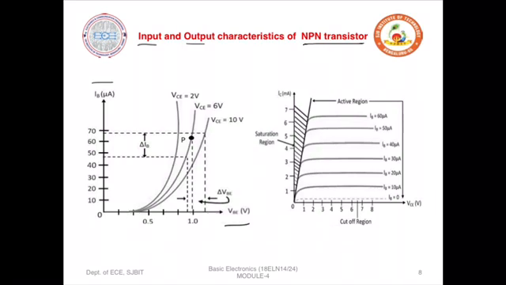In this graph, as we can see, a constant value VC is taken, and for increasing values of VBE, the current IB increases. And as this VC voltage, which is kept constant, increases, we can see that there is a reduction in the current carrying capacity.